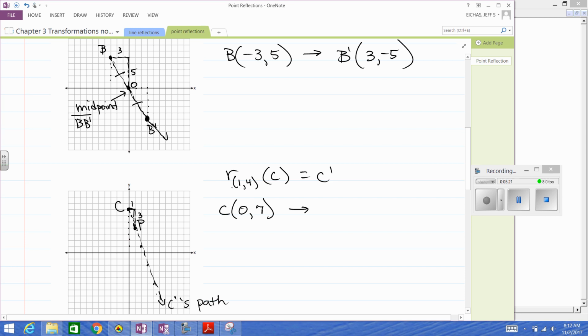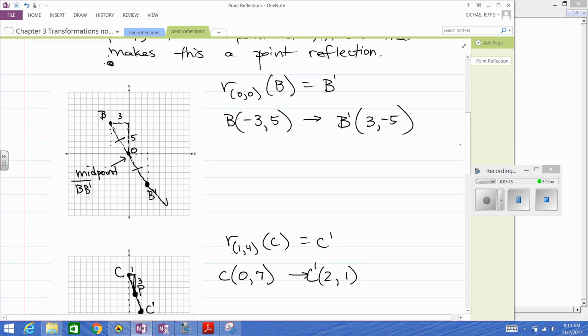Well, if this is over 1, down 3, to make P the midpoint, do over 1, down 3 again, and that's going to be C prime. So if you connect those, is P the midpoint of C to C prime? The answer is yes. Now the coordinates of C prime are 2, 1. And some of you are trying to guess as to what's going to happen.